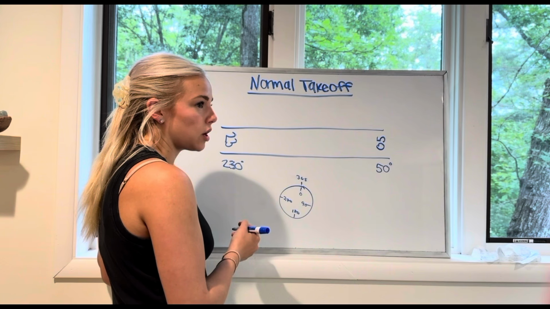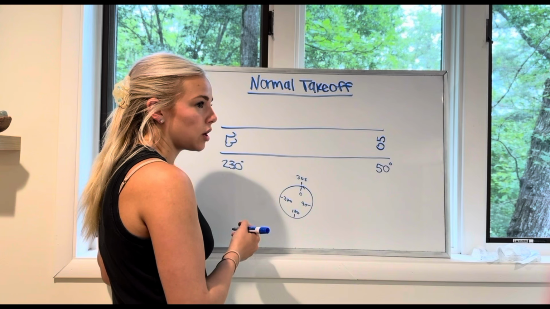Think about if we had a tailwind, it would be pushing us along with our engine and our propeller pushing us. So since the headwind is kind of counteracting that, we are not using as much of the runway, but we're still building up the airspeed that we need because the wind is moving over our wings and building up that airspeed for us.